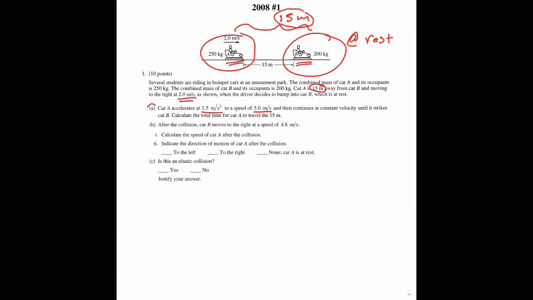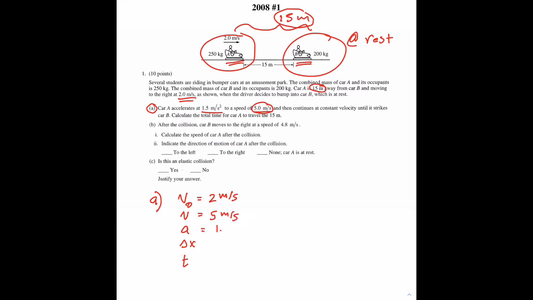So part A is a problem in kinematics, so let's set it up. Whenever we solve a kinematics problem, it's helpful to make a list of the initial velocity, the final velocity, the acceleration, the displacement, and the time. So we're given that the initial velocity is 2 meters per second, and it's going to accelerate up to a final speed of 5 meters per second.